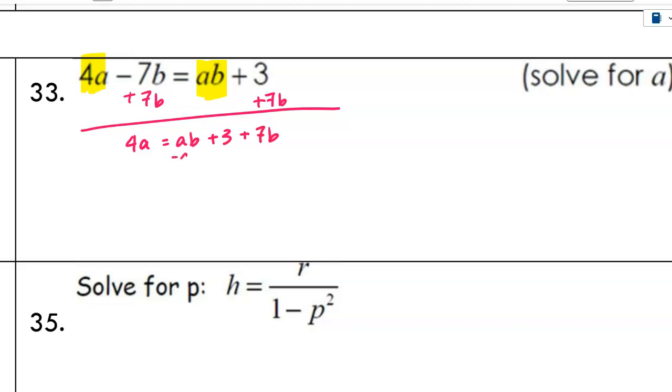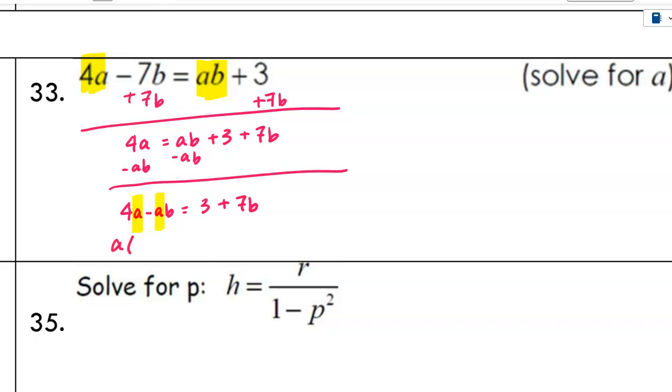Now I need this a, so I'm going to move this ab to the other side. So I get 4a minus ab equals 3 plus 7b. Now, we have two terms with a's in it. That means that's also a common factor. So I'm going to factor out an a. 4 minus b equals 3 plus 7b.